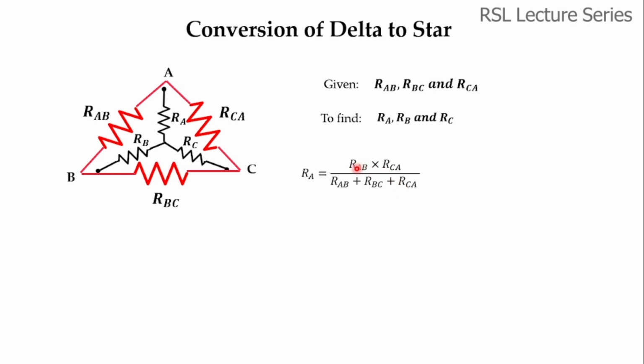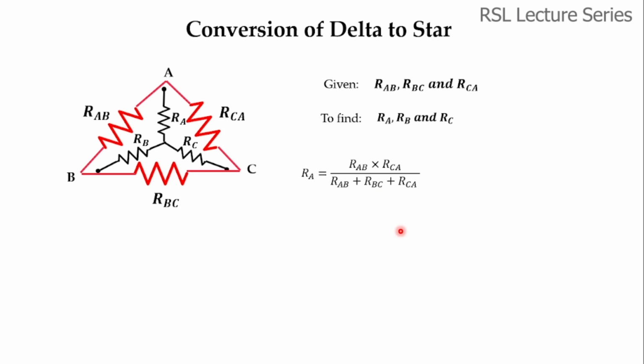In the numerator we multiply the adjacent resistors and divide by the sum of all the delta connected resistors. RAB, RBC, and RCA are the delta connected resistors, so we add them in the denominator. In delta to star conversion, the denominator remains the same, whereas in the previous case the numerator remained the same.